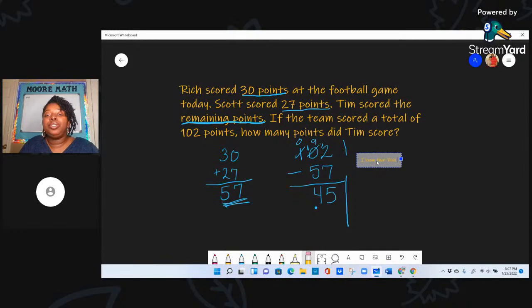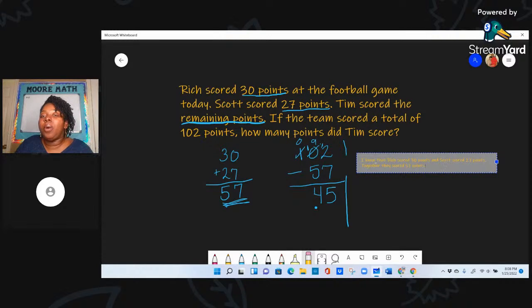I know that Rich scored 30 points. I also know, or you can say, and Scott scored 27 points. Together, they scored 57 points. Or you could say, so I added them. Just talk through what you did, right?